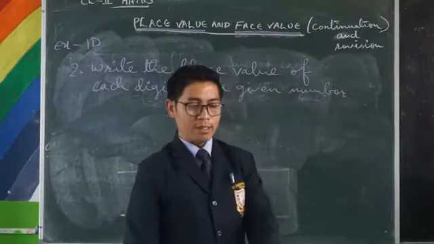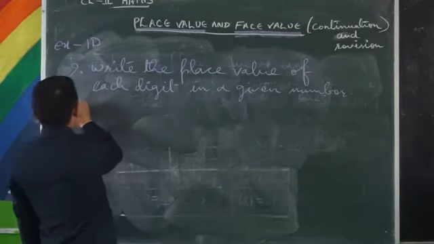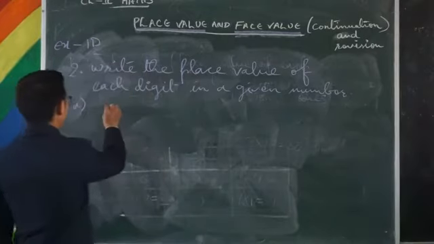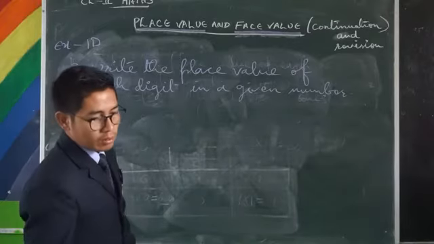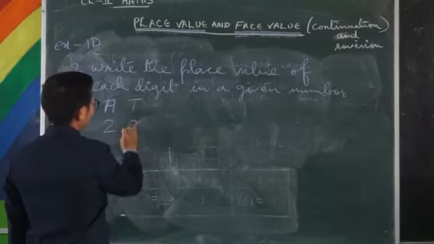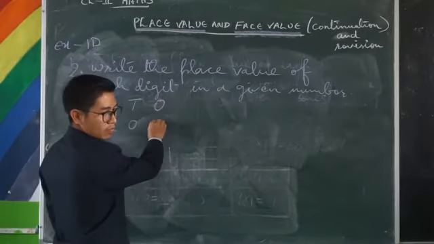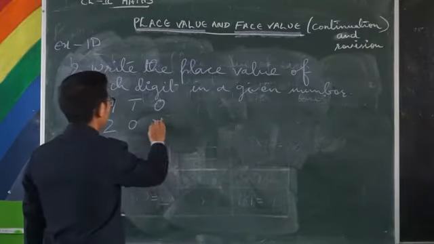The number is given: in the hundreds place it is 2, tens place 0, and then ones place, it is 7.